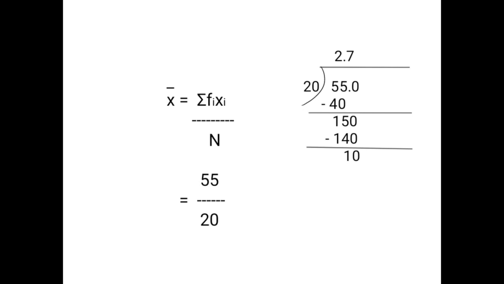Take one more 0, you have to bring it down. 5 twos are 10, so 100. 100 minus 100 is 0. After dividing 55 by 20, the quotient is 2.75.